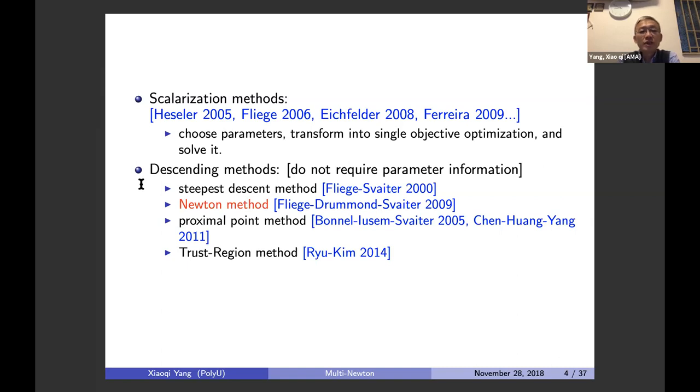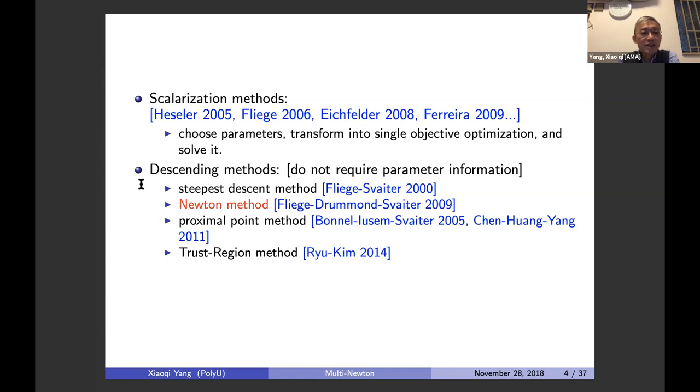How to choose those parameters is of course a technique. Once you have chosen the parameters, you can transform the problem into a single objective optimization problem. That's the scalarization method.